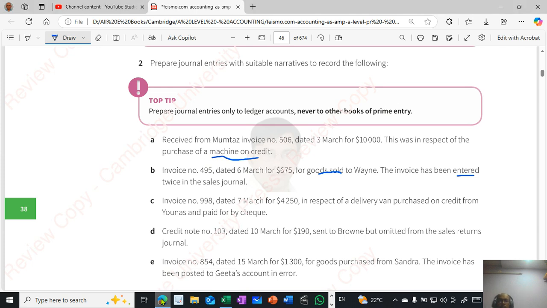Invoice number 998 dated 7th March for 4,250 in respect of delivery van purchased on credit from Yunus and paid by check.